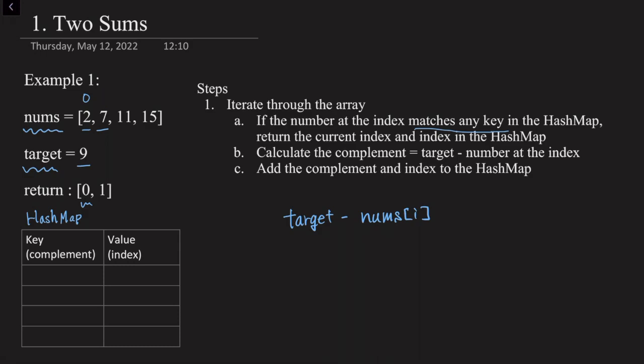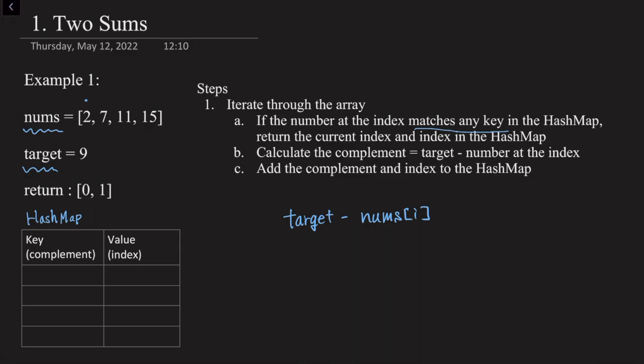So we're going to start from the beginning of the array. And first we will check if the number at the index matches any key in the hash map. So first we're going to have an empty hash map, so there's nothing that matches with the number 2. So next we're going to calculate the complement.